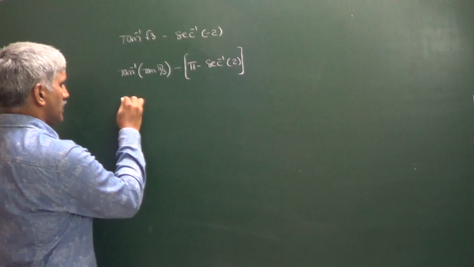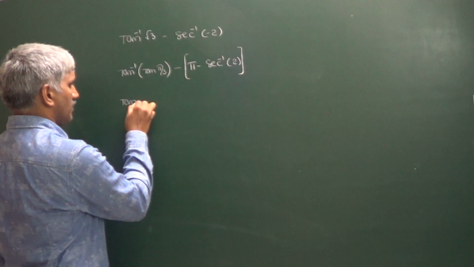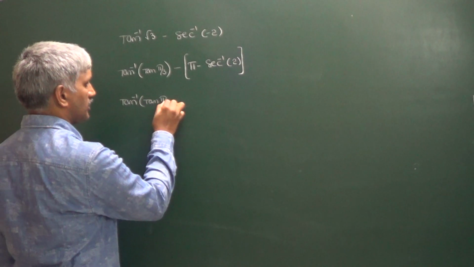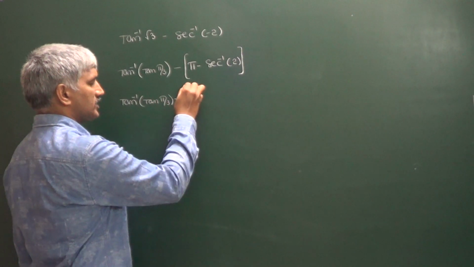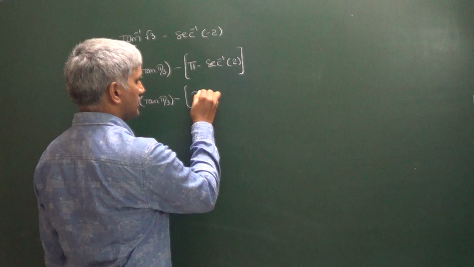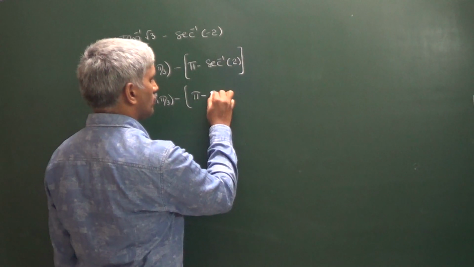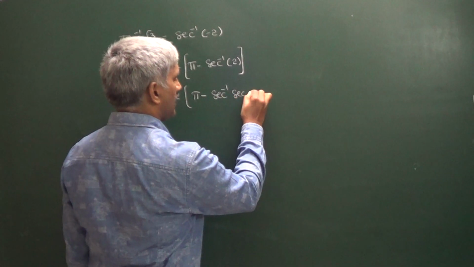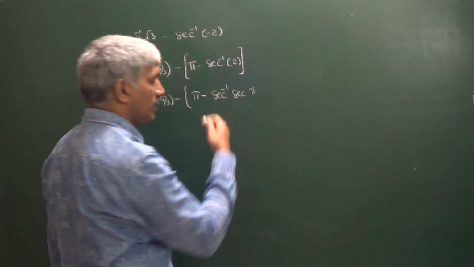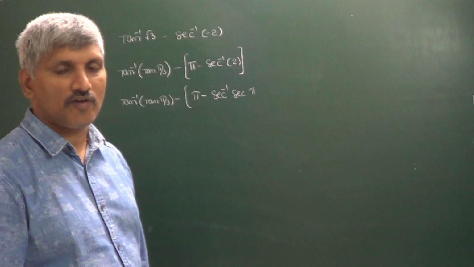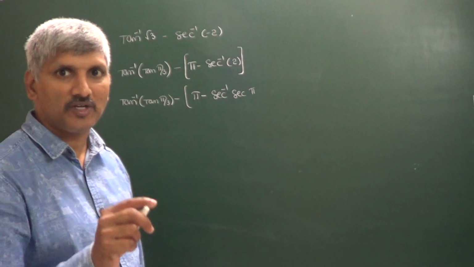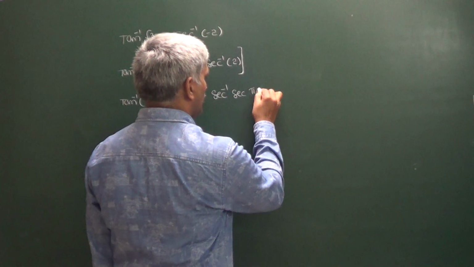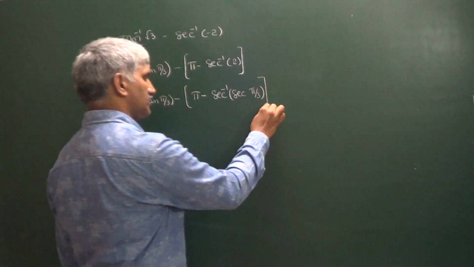Now tan inverse of tan pi by 3 minus, in brackets, pi minus secant inverse of 2. Secant inverse of 2 can be written as secant inverse of secant pi by 3, since cos 60 is 1 by 2 and secant 60 is 2.